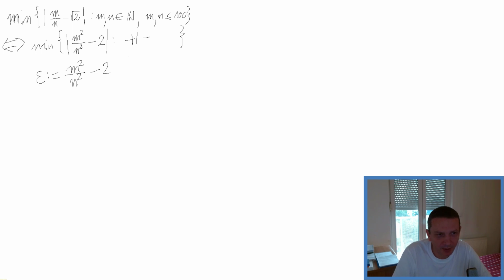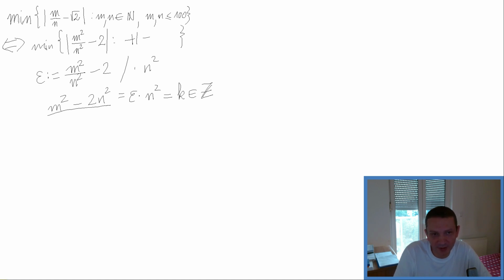If we multiply this with n squared, we obtain that m squared minus 2n squared is epsilon times n squared. And we see that this value is actually some integer, k, because this is m squared minus 2 times n squared, so this is certainly an integer.